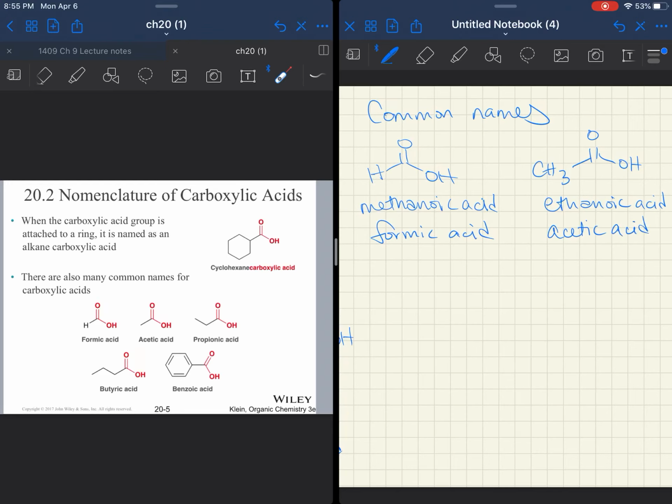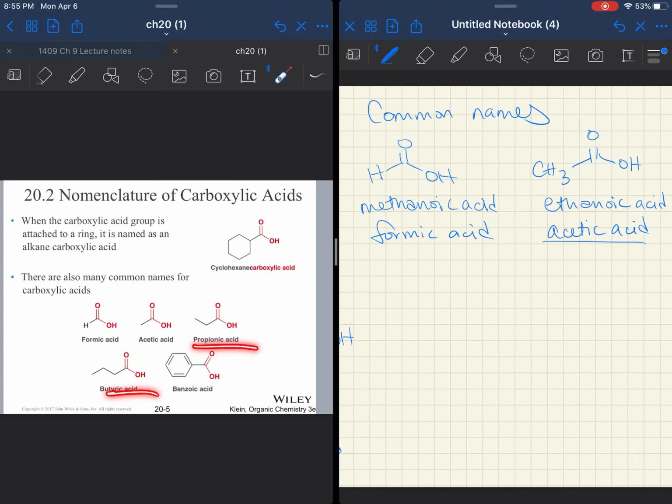But you should know its common name of formic acid. Ethanoic acid. You must know that this is acetic acid, right? Ethanoic would be IUPAC. Acetic would be common, but I have never found a bottle of ethanoic acid. There's always a label that says acetic acid. Now, propionic and butyric, I'm not going to require you to know that, but you will see those frequently.